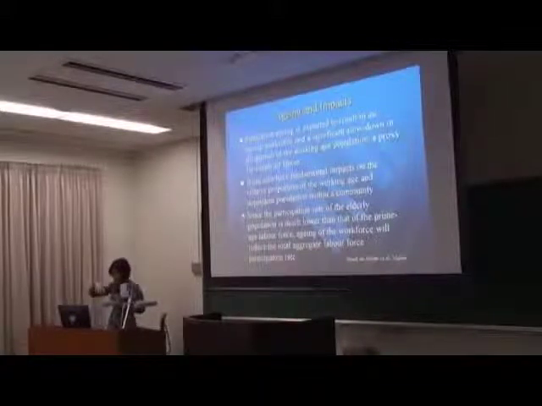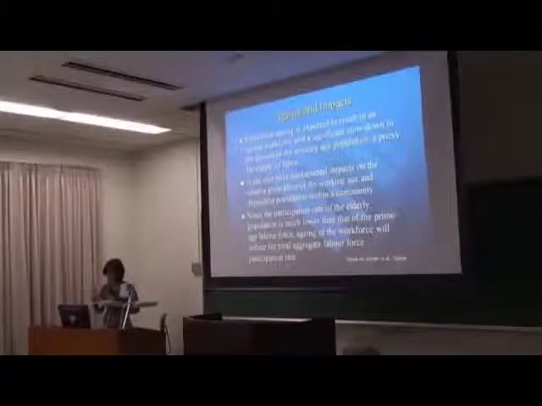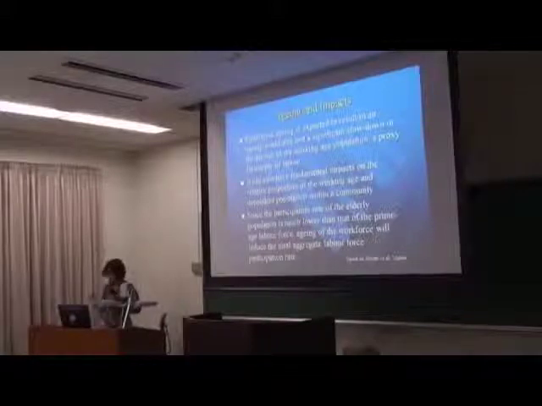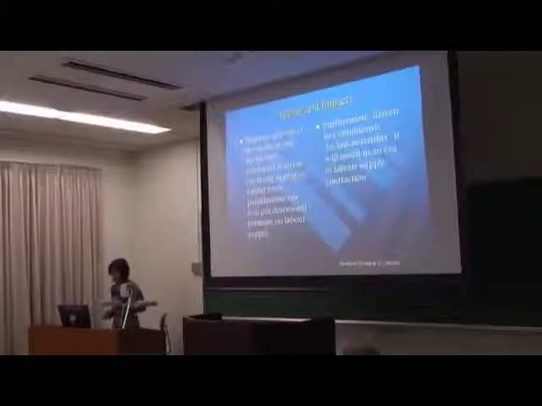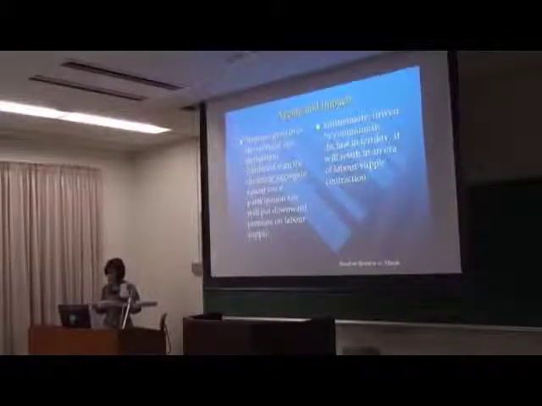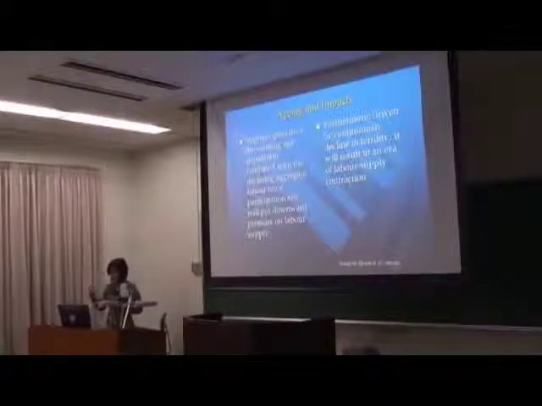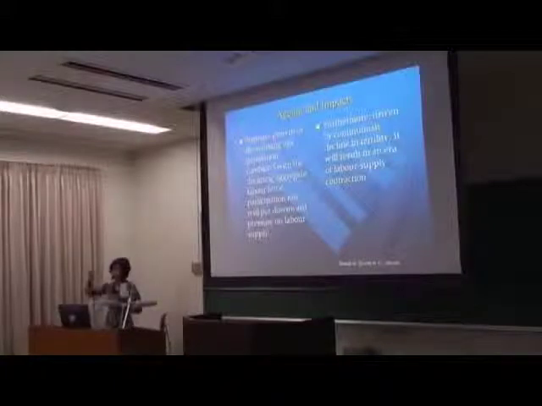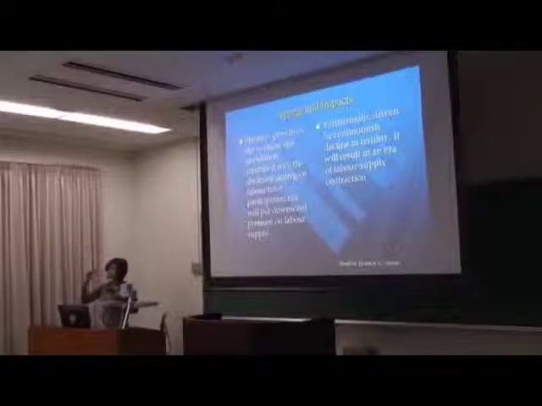Aging of the workforce will reduce the total aggregate labor force participation rate. This is what they said. And also, stagnant growth of the working age population combined with a declining aggregate labor force participation rate, if these 2 factors combine together, there will be a lot of pressure on the labor supply.